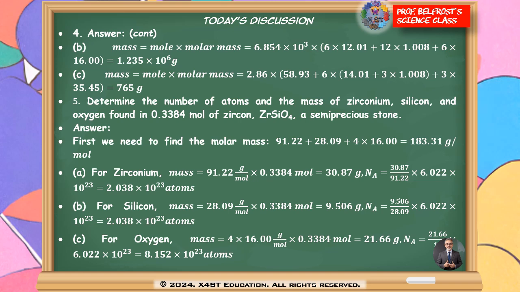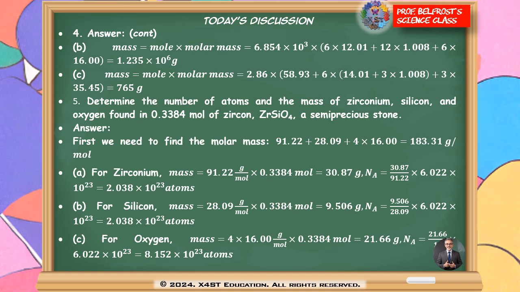Now number 5, determine the number of atoms and the mass of zirconium, silicon, and oxygen found in 0.3384 mole of zircon, a semi-precious stone. Actually, I do it the reverse way, and the compound's molar mass is actually not really needed.